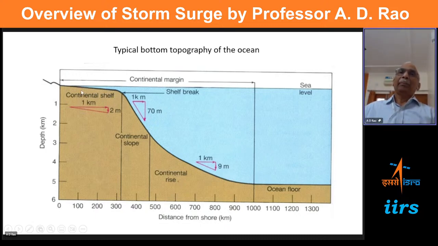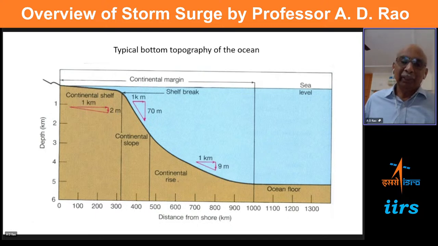That's why we have to consider the continental shelf at each and every location along the coast. Why does it increase? Somebody can ask why the continental shelf increases the height of the storm surge.